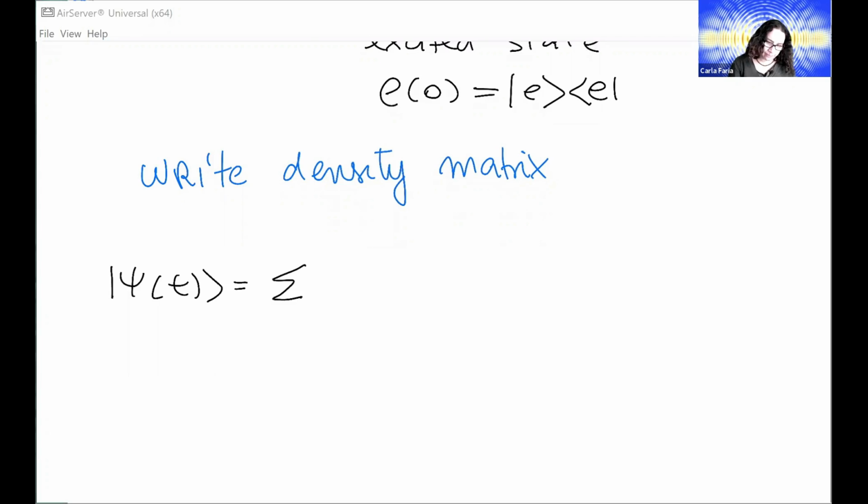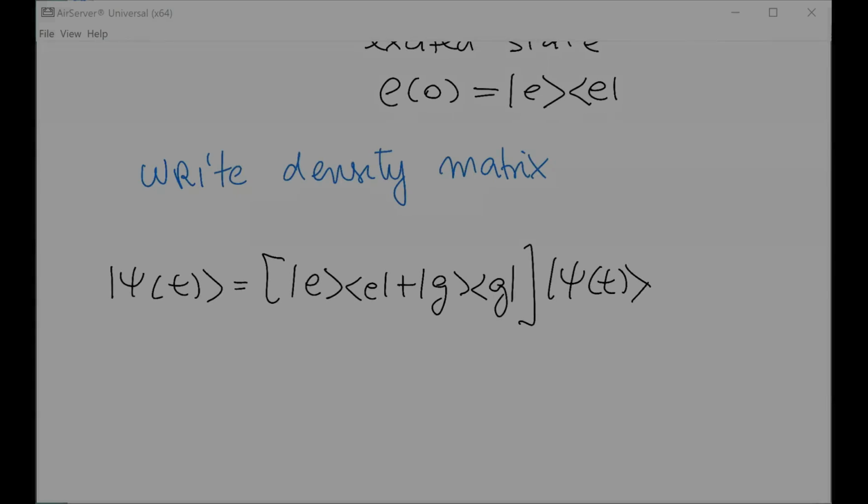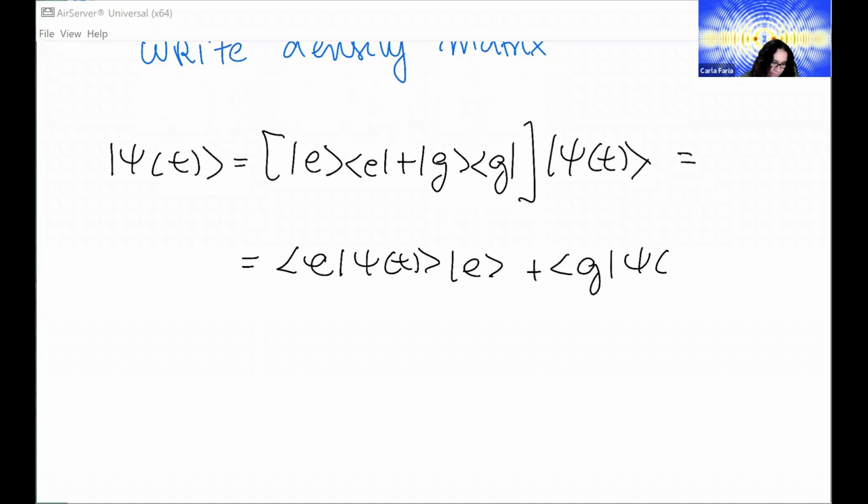So we can write this inserting, let me put it explicitly, |e><e| plus |g><g|, which is the identity operator, psi t, and so continuing, we can write this then as |e><e|psi t> plus |g><g|psi t>, where these guys here are integrals, which are going to be complex numbers.